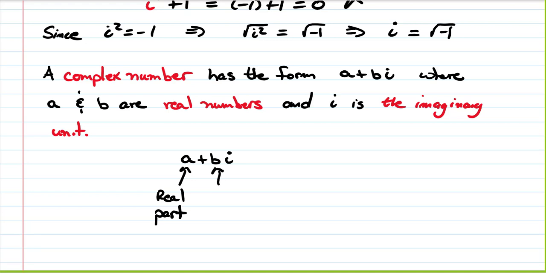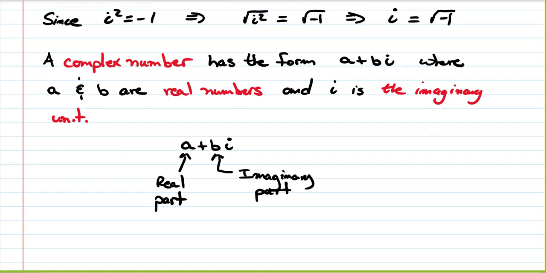And the part that is connected to the i is called the imaginary part. So a complex number has two parts. It has a real part and it has an imaginary part. When we write complex numbers, we always write them with the real part first and the imaginary part second.